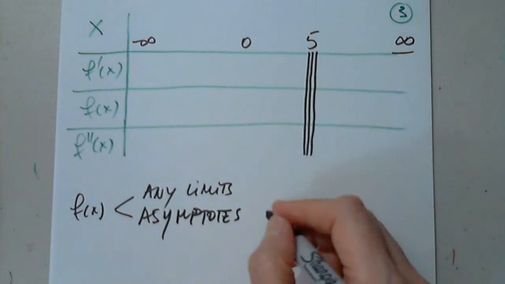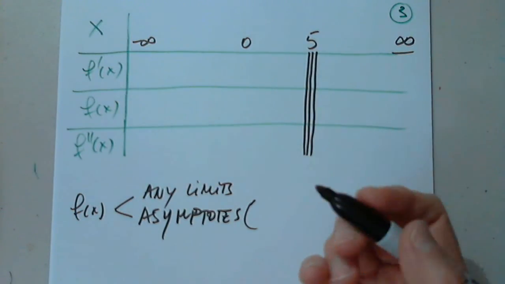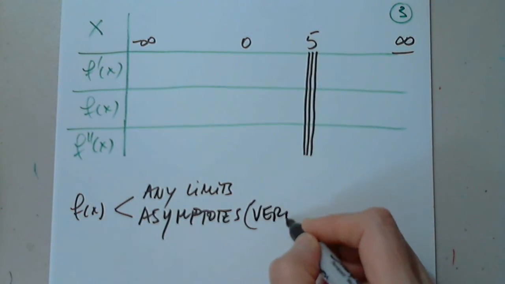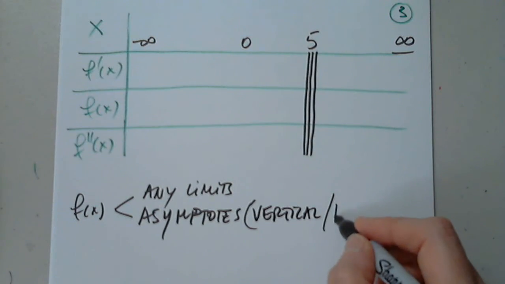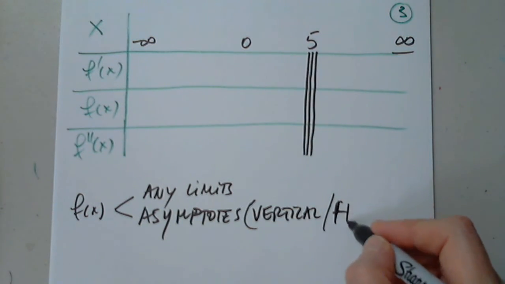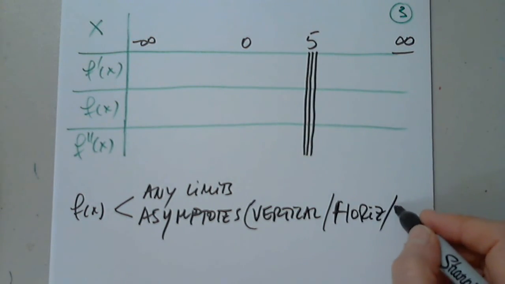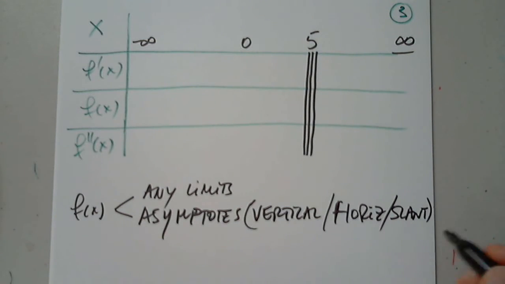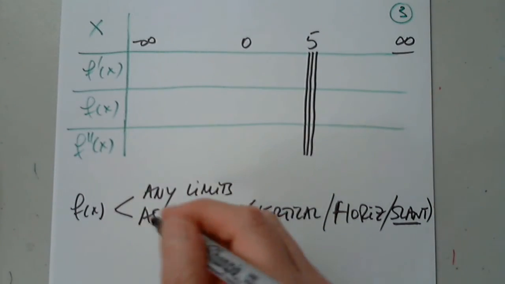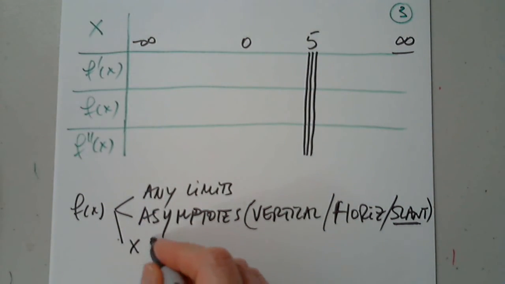I'll explain this. You probably remember from college algebra. Vertical, horizontal, oops, slant. I think this is a little bit stretching it in this class, but we will talk about that too. Okay, x and y intercepts.